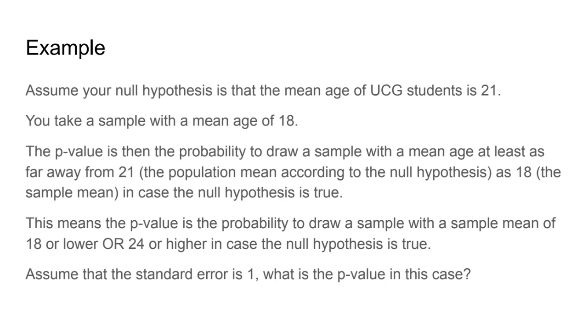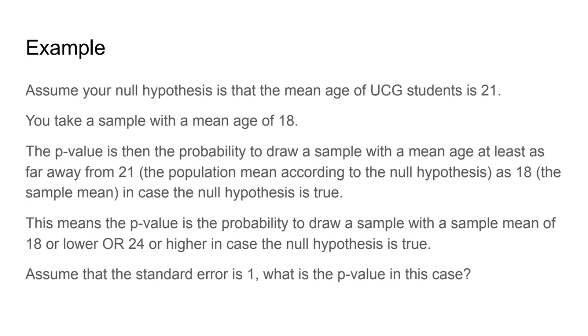So it's either as low as 18 or lower, or as high as 24 or higher. Okay, so what is the p-value in that case? Well, to answer that, we have to know what the standard error is. And let's just assume in this example that the standard error is 1.